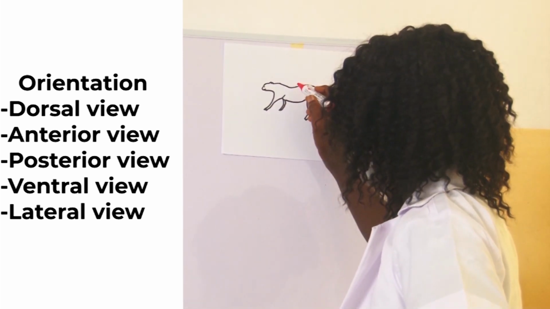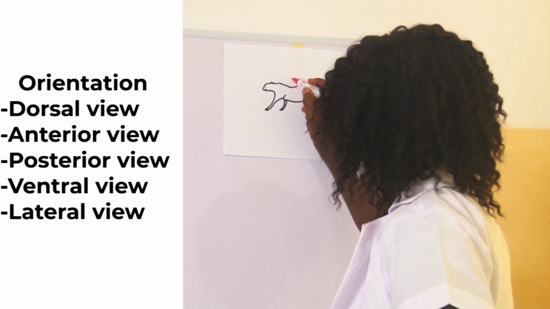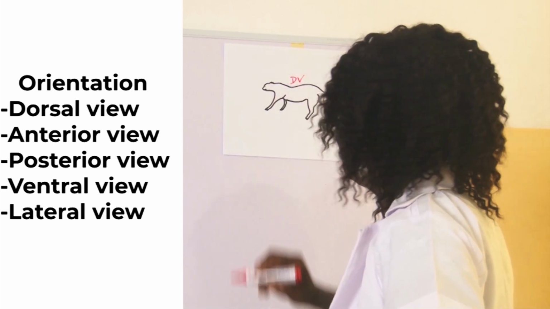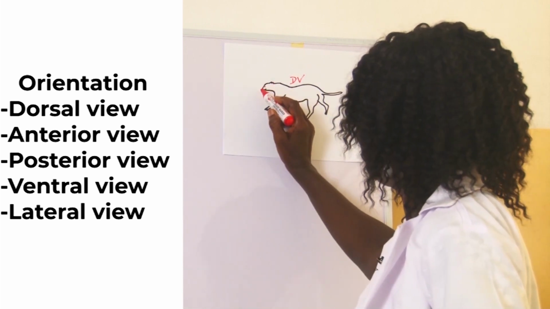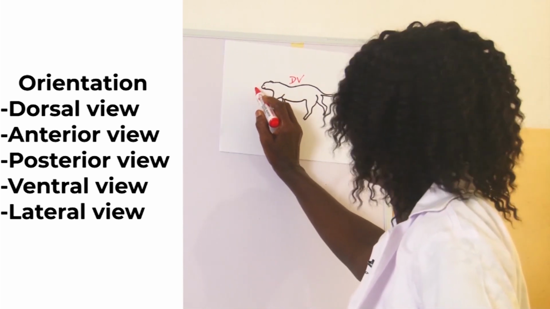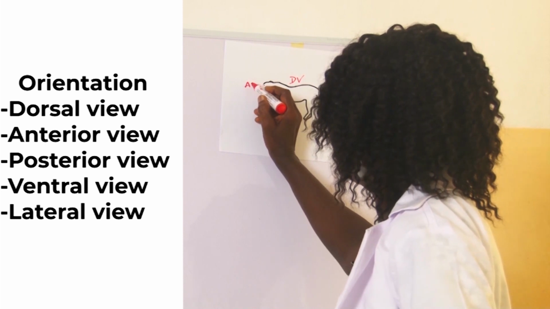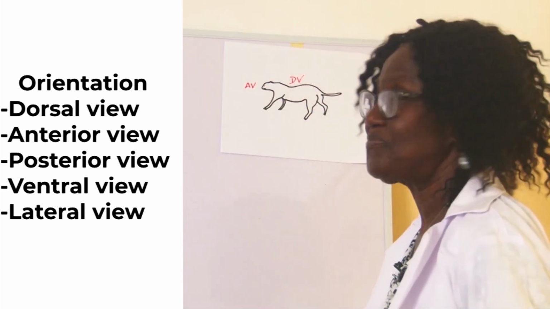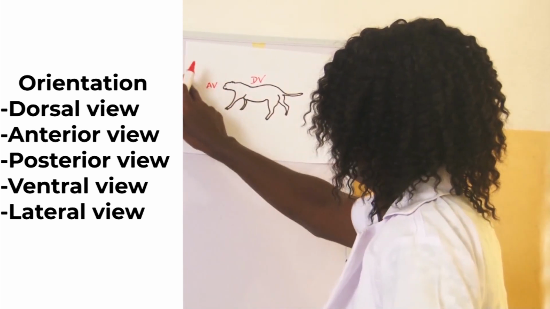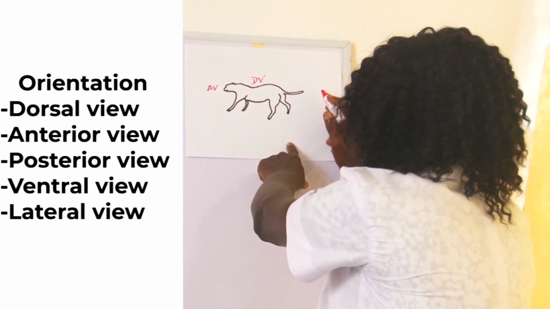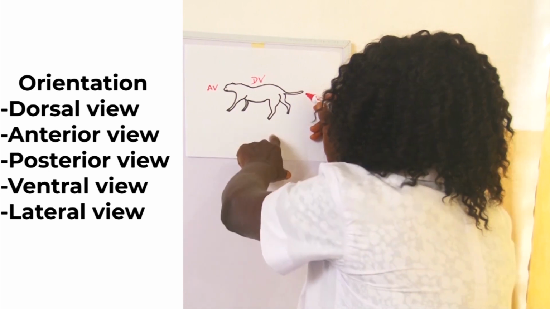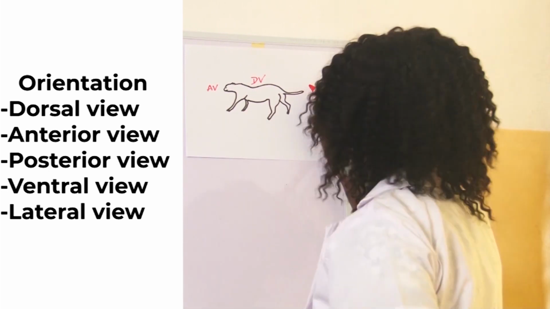So in this organism, this part is its dorsal view. That's the back view. If we are looking at this organism from this end, we are looking at the anterior view. If we are looking at this organism from this other end, we are looking at the posterior view.